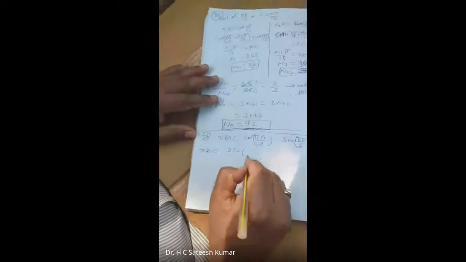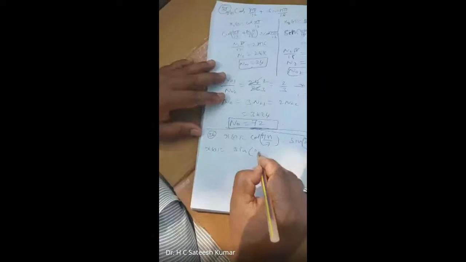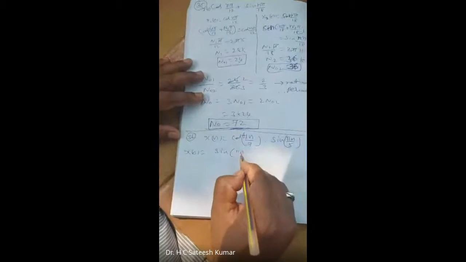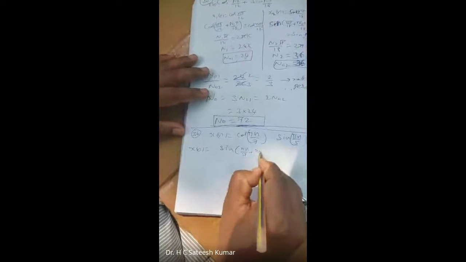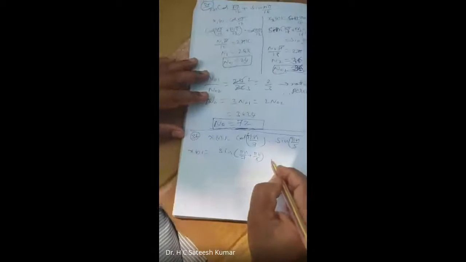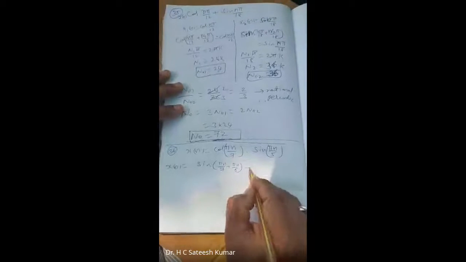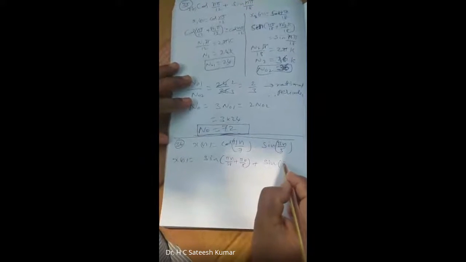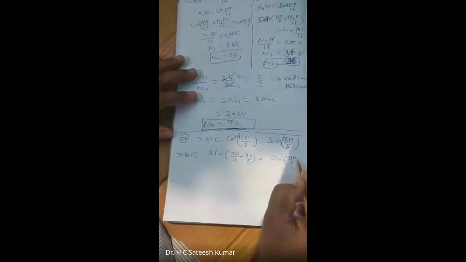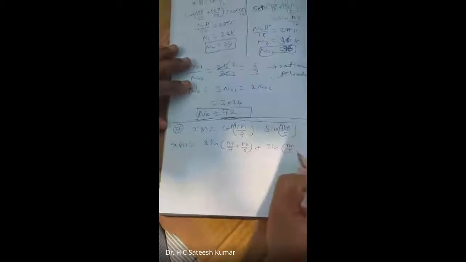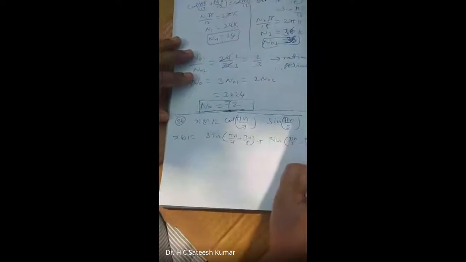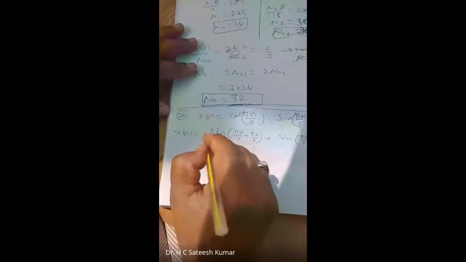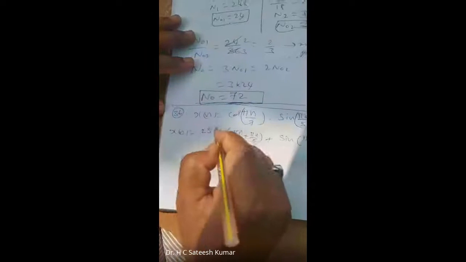Sin of A plus B, pi n by 7 plus pi n by 5, plus sin of A minus B, sin of pi n by 5, this one I have taken as A, this one I have taken as B, minus pi n by 7, multiplied by 2.